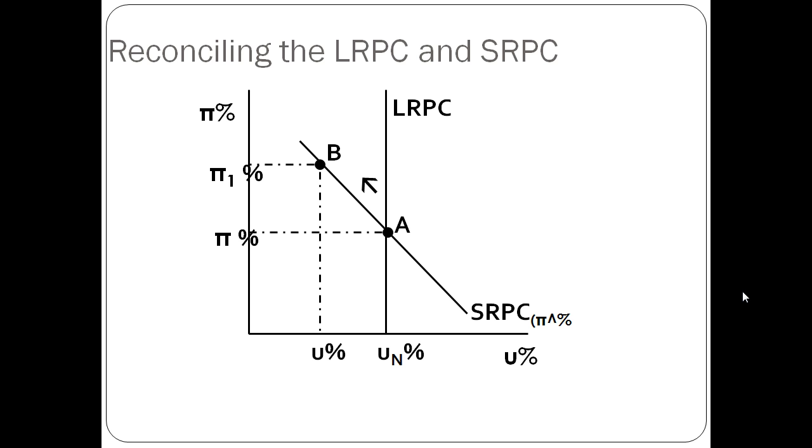Now, when the unemployment rate went down, that pushed wages up, because as the unemployment rate goes down, you have not very many people looking for work. And if employers want to hire those people, they have to pay them more. So this is going to push up wages.